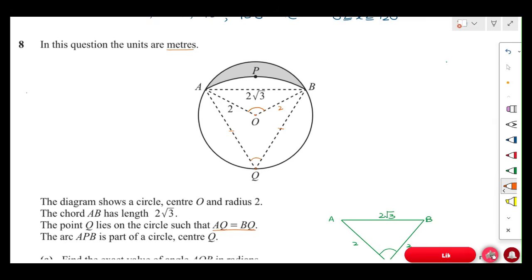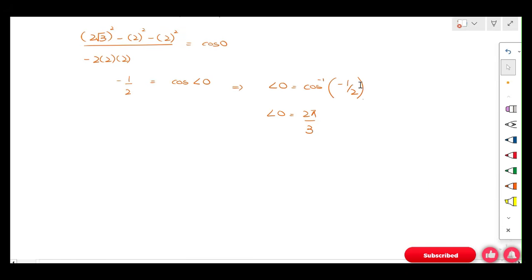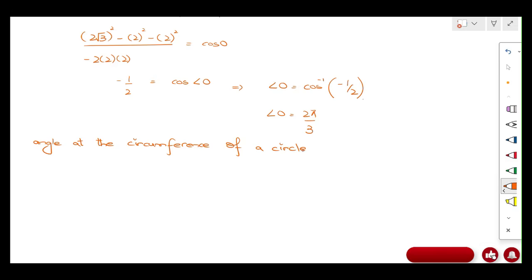The angle on the circumference of a circle is basically half of the angle at the center of a circle, by using the circle theorem. Angle at the circumference of a circle is half the angle at the center of the circle.